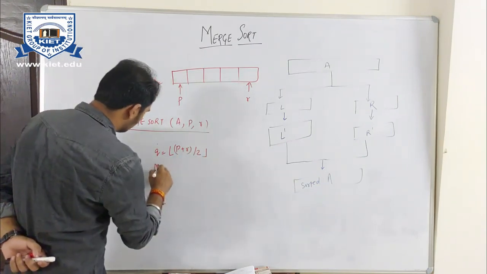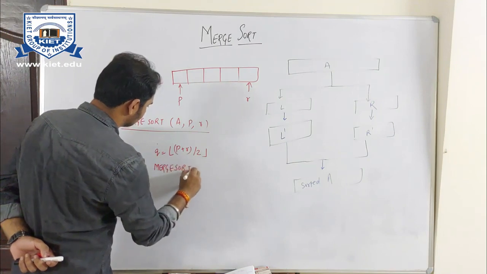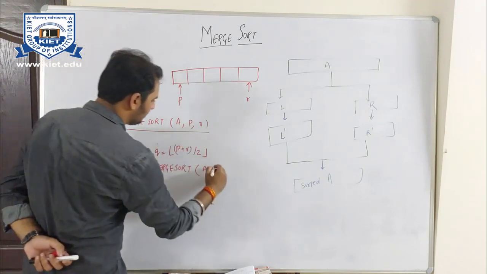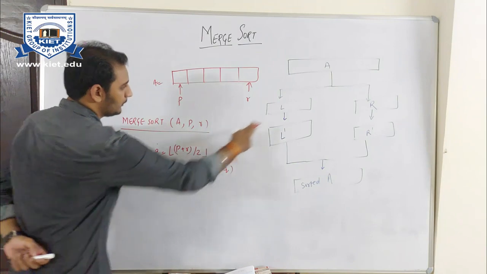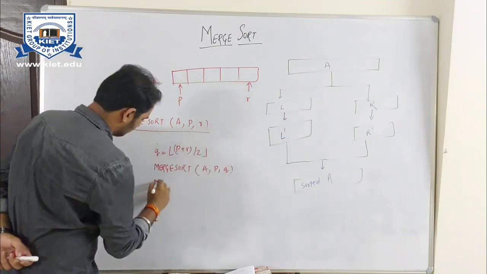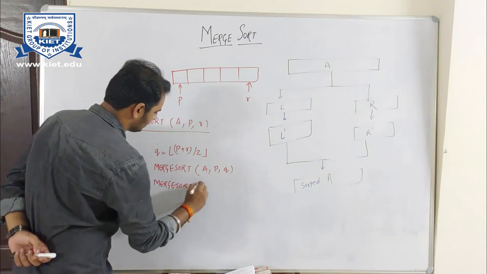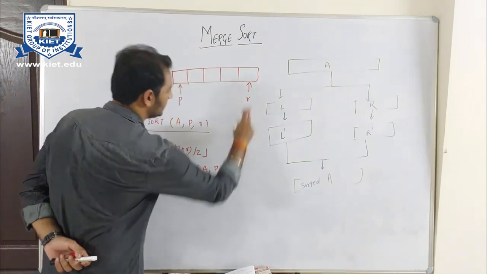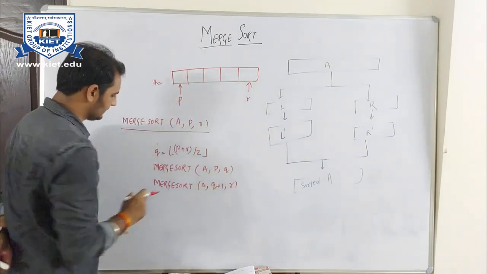Then we will call merge sort on this array A from P to Q for the left part, and merge sort on this array A from Q plus 1 till the end of the array for the right part.